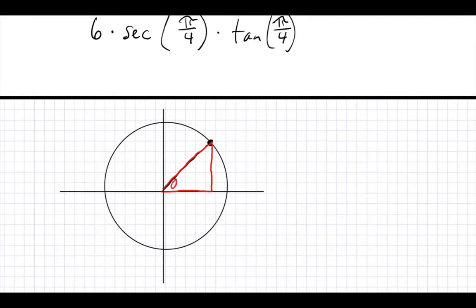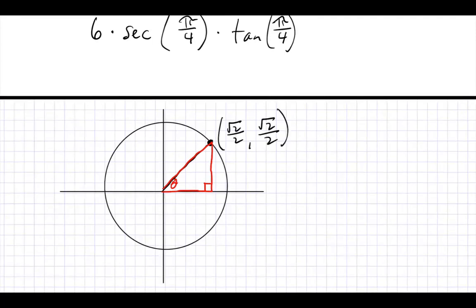That's the angle there. Okay, it's a right triangle. Both of them are pi over 4. So the coordinates there are the same: square root of 2 over 2, square root of 2 over 2.